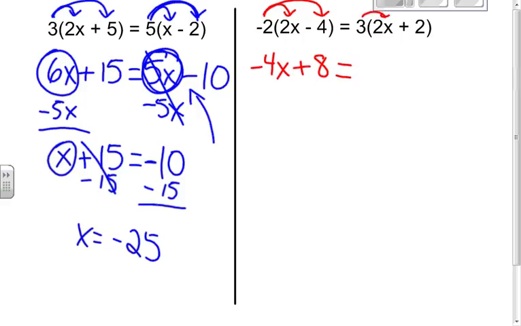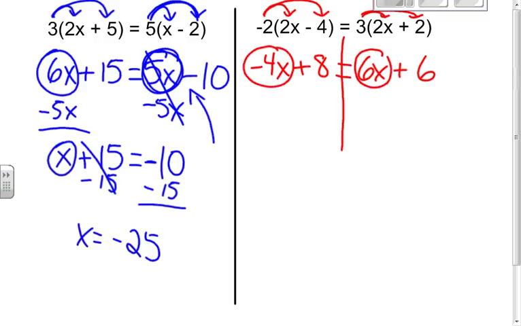Equals, distributive property again, 3 times 2x is 6x, 3 times 2 is plus 6. Now, we have variables on both sides, so I have a negative 4x over here, 6x over here. If I draw the wall, they're on opposite sides. I need them to be on the same side. So to do that, I need to move the smaller variable.